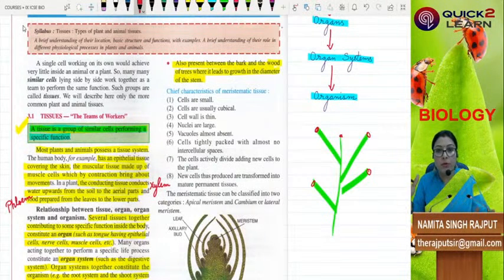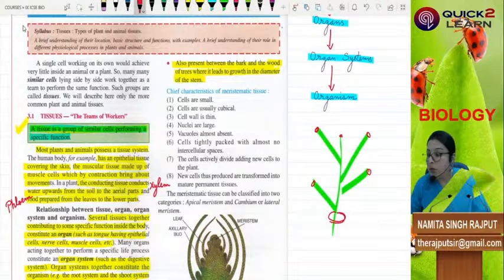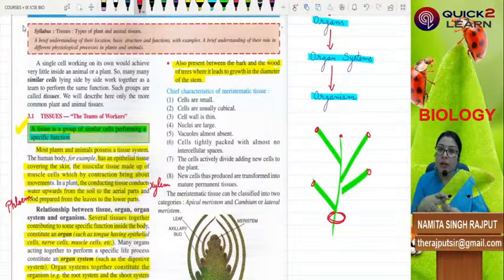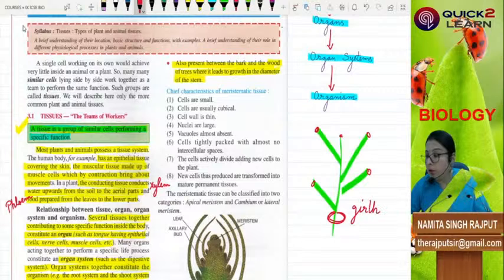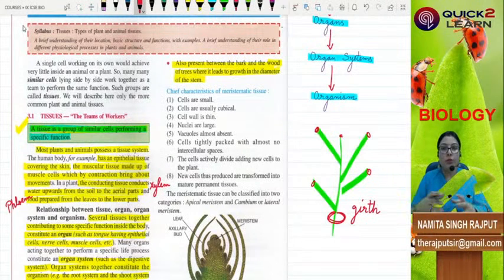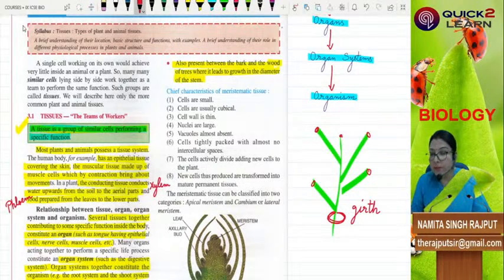But how does it grow in diameter? Radially also, meristematic tissues are present, which add to the diameter of the plant, or we also use the word girth. Girth means चौड़ाई, the diameter will increase. So they increase the girth and the length of the plant.